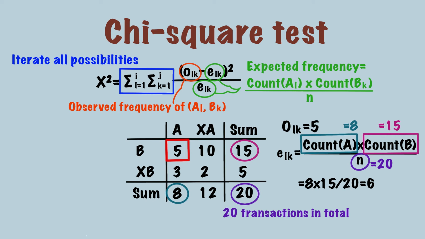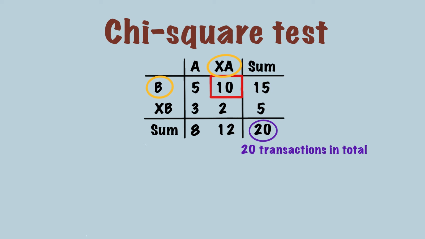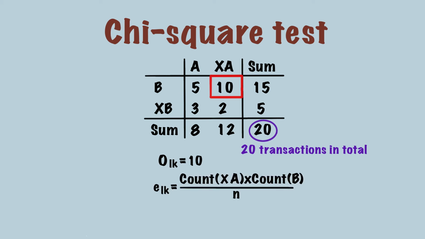You can pause the video now and try to figure it out, but I'll do the calculation one more time. So we now look at the top right corner, which corresponds to the transactions containing B but not A. To begin with, OLK is 10, because we observe 10 transactions that fit the condition. Then, ELK is the count of the absence of A times the count of B divided by N. N is 20, just the total number of transactions.